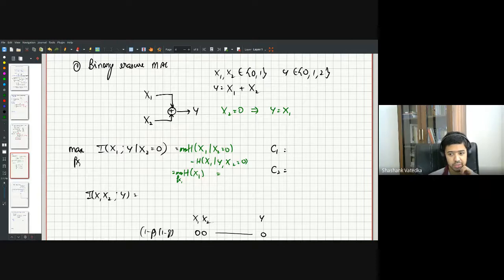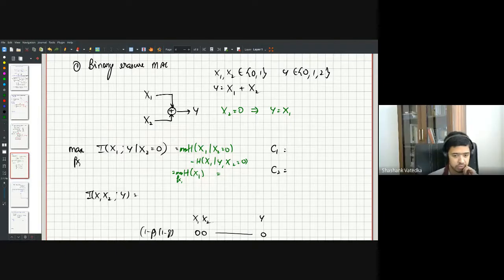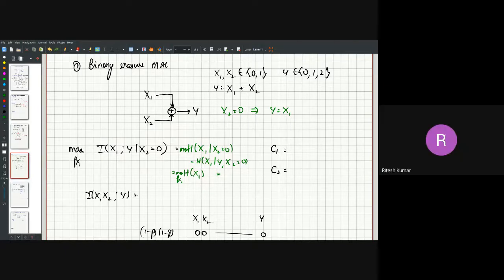So when is entropy maximized? When the probabilities of symbols 0 and 1 are equal, when the input is uniform. And what will the entropy be equal to?